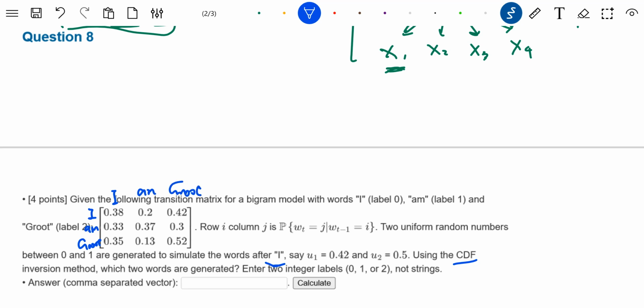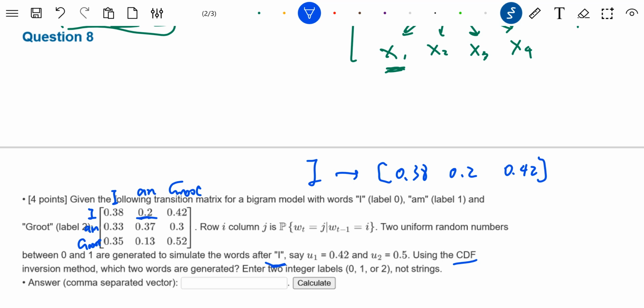You first need to be able to read this transition matrix. This 0.2 means that starting from an I, the probability of the next one being M is 0.2. So starting from I, the probability distribution after an I is: the next one is I with probability 0.38, and the next one is M with probability 0.2, and so on.